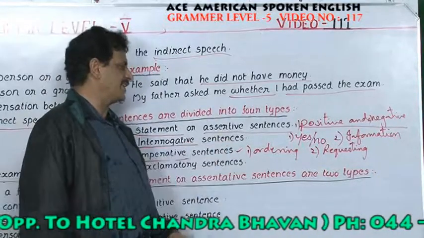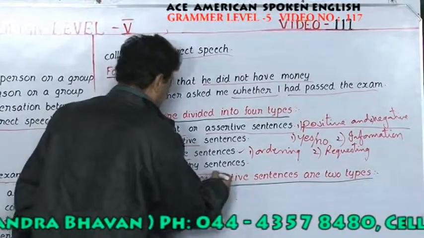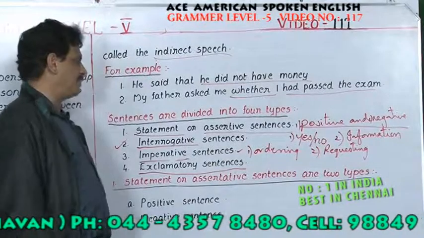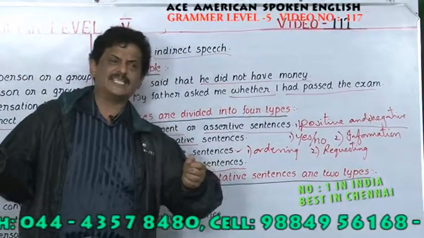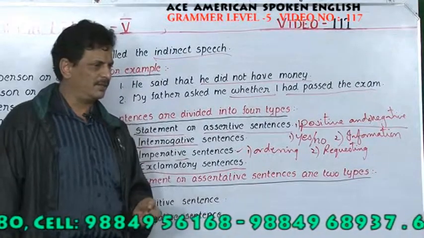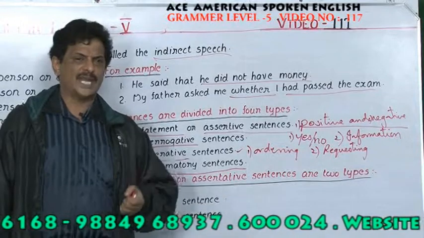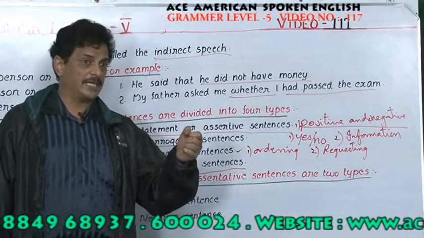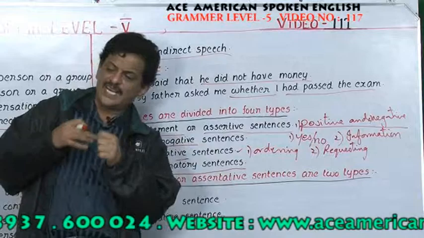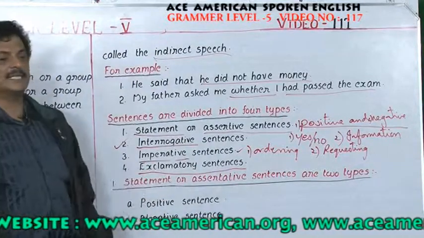Then the last is the exclamatory sentence. What is an exclamatory sentence? Feeling sentence. Oh, what a beautiful. Oh, nice it is. How sad I am. I am very angry. So all the feeling sentences are called exclamatory sentences.